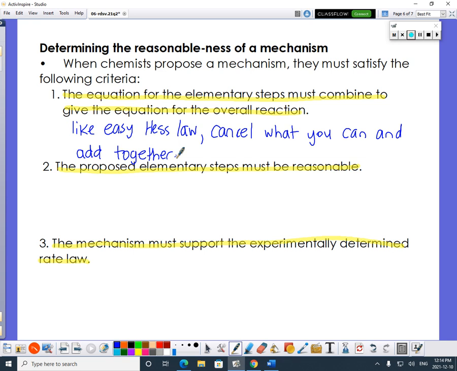The second one says the proposed elementary steps must be reasonable, and that goes back to the first slide. So each step can have 1, 2, or at most 3 reactants, no more, okay?